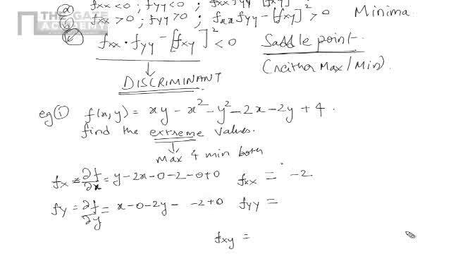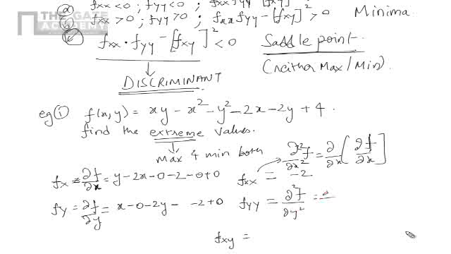What is fxx? On the first go, fxx is nothing but dou square f by dou x square. This is nothing but dou by dou x of dou f by dou x, correct? Similarly, fyy is nothing but dou square f by dou y square. This is nothing but dou by dou y of dou f by dou y.